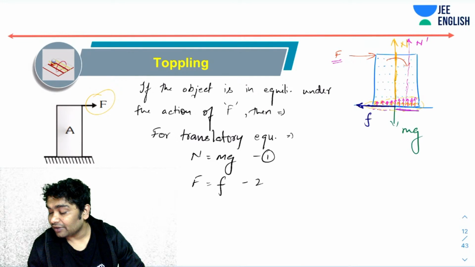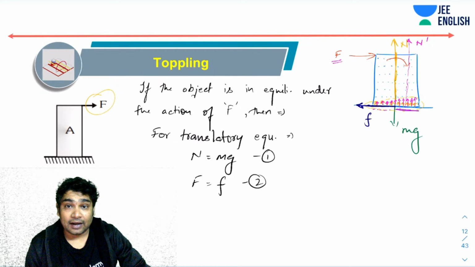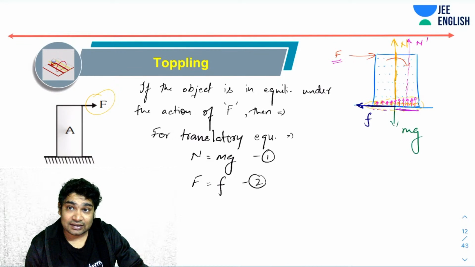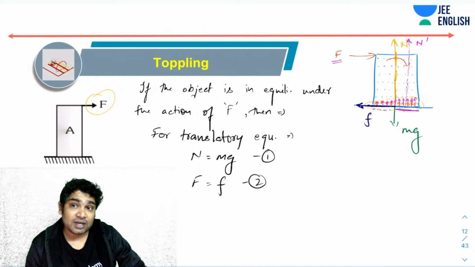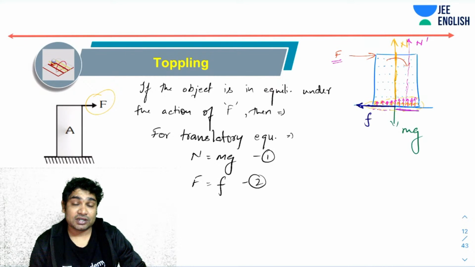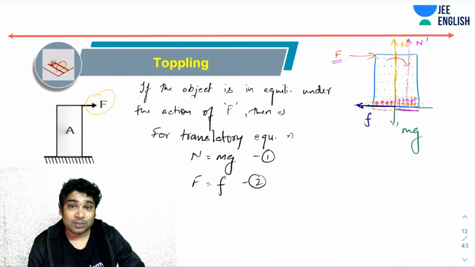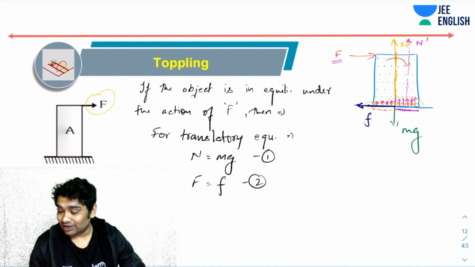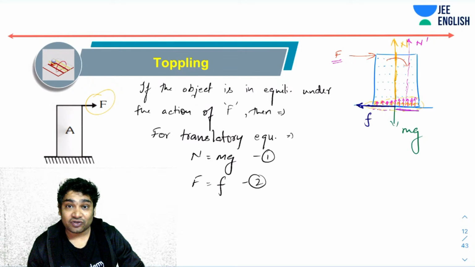That will be your second equation. I hope everybody understands that to balance the forces in the y direction, the normal reaction must have a magnitude equal to mg. Similarly, for balancing the horizontal forces, the force capital F must be balanced by the force of friction. So I hope everybody is following me so far. These are the conditions for translatory equilibrium.